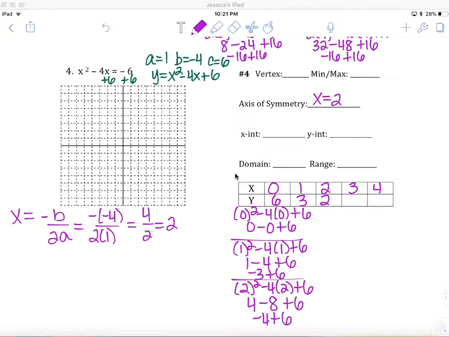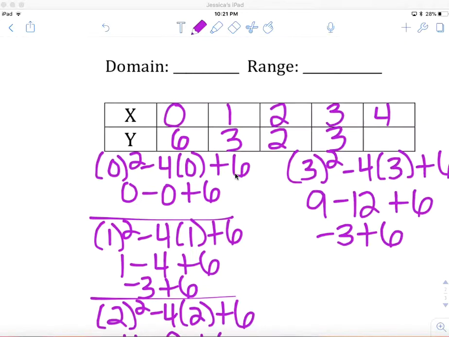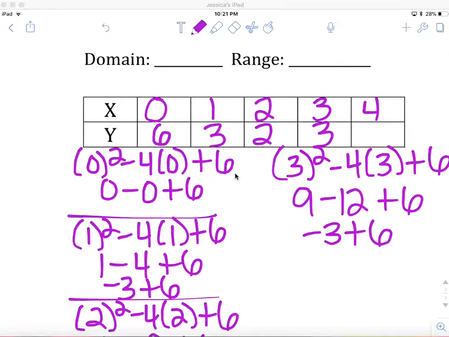Plugging in 3, I have 9 minus 12 plus 6, which also gives me positive 3, which is good because this should be symmetric. So when x is 4, my y will be 6.